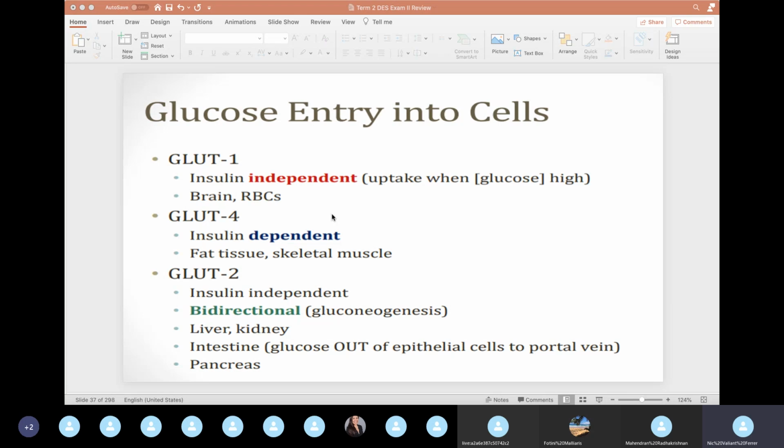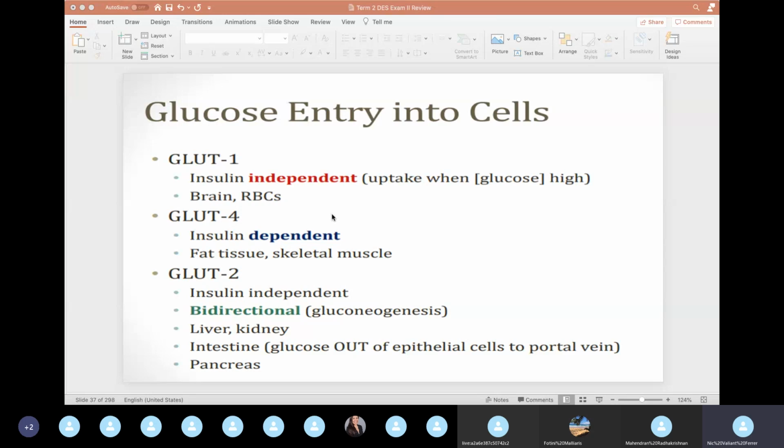The receptors can be seen in fat tissue and skeletal muscle. So when you're doing exercise, right, you are increasing the GLUT4 receptors on your skeletal muscles, thereby increasing glucose uptake. So sometimes you feel tired after doing exercise. That's the reason why. You can have transient hypoglycemia.